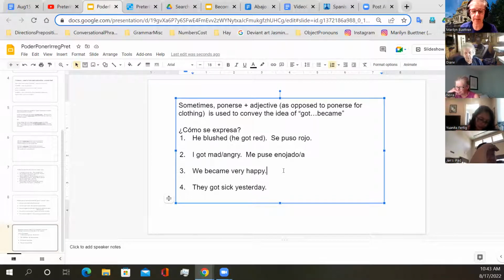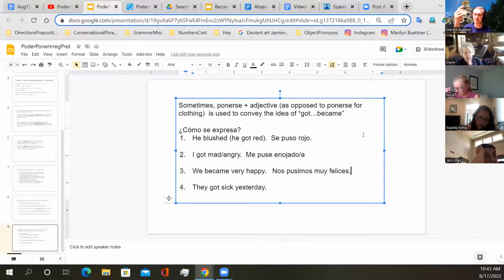We became very happy. Nos pusimos muy felices. Felices, contentos, alegres, no importa. You can use any of the happy words. Nos pusimos muy felices. We became very happy.